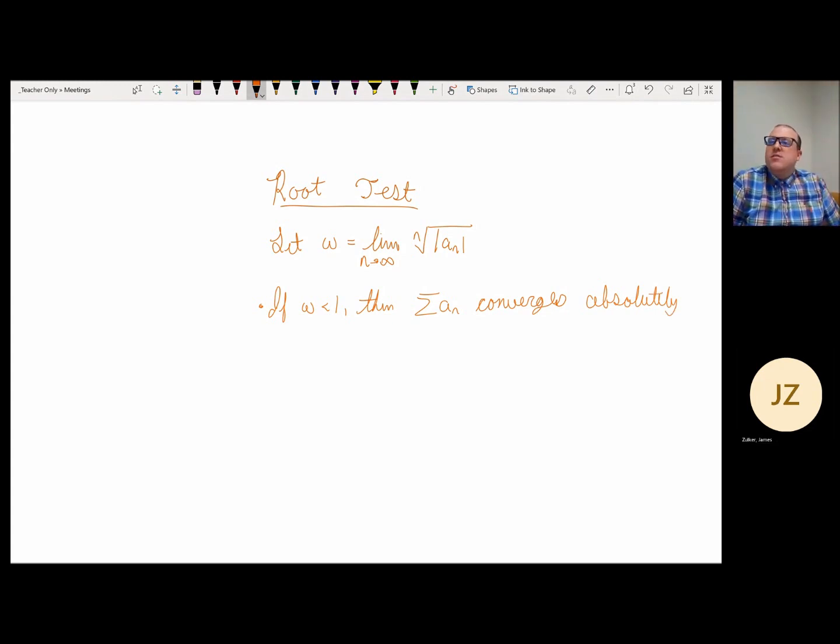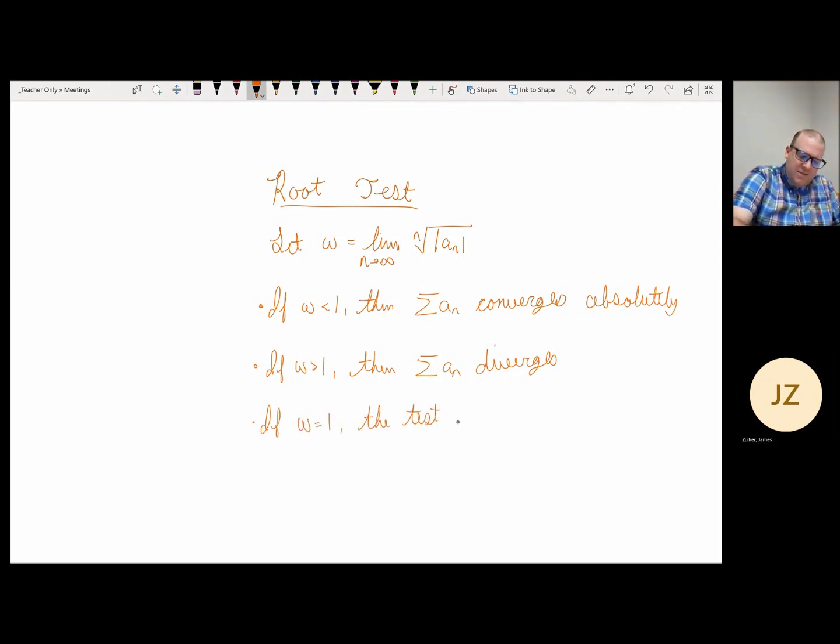If omega is less than 1, the series converges absolutely. If it's greater than 1, the series diverges. If it equals 1, the test fails.